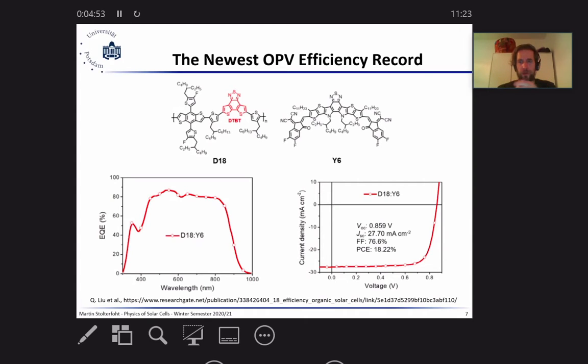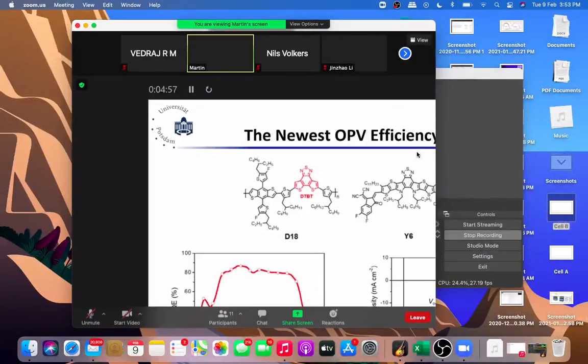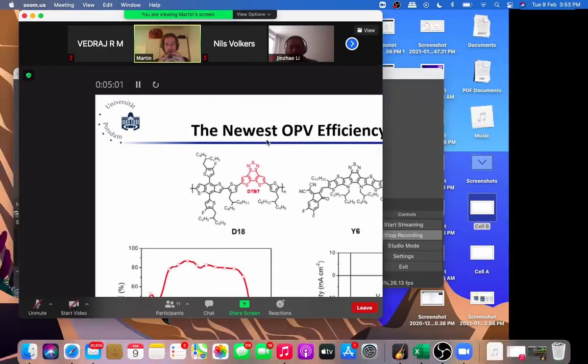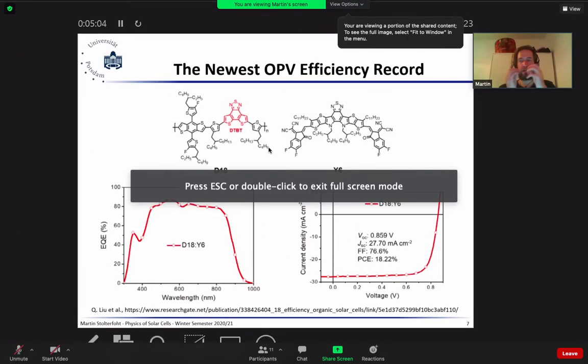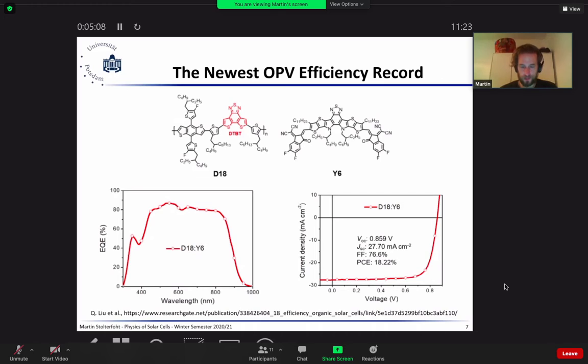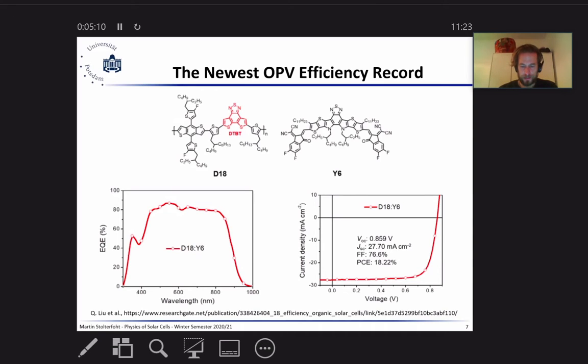So there's always a donor and acceptor, and it's blended together to form a bulk heterojunction. So it's a fine network on the nanometer scale. This I will discuss in the next chapter more. But since approximately 2016, non-fullerene acceptors have been introduced.